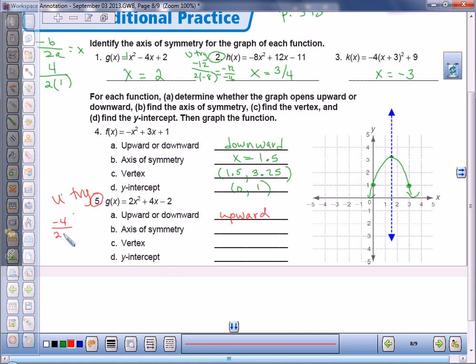Miss Wilby, I don't understand how you got the graph. I'll hold off on the graphing until everybody's graph together. Okay?